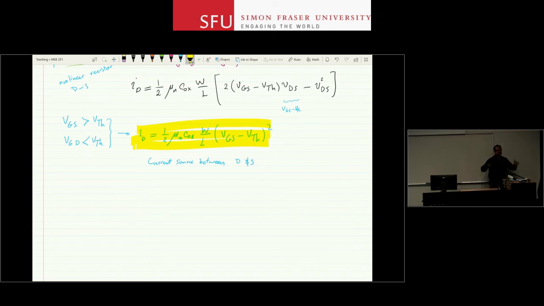And if you make the channel longer, well, it just becomes more difficult for a charge carrier, electron or hole, to travel from one end of that channel to the other end. So you expect an inverse relationship between L and current. And then mu and C oxide was how efficient is your MOS structure in converting voltages into charges and mobilizing them.